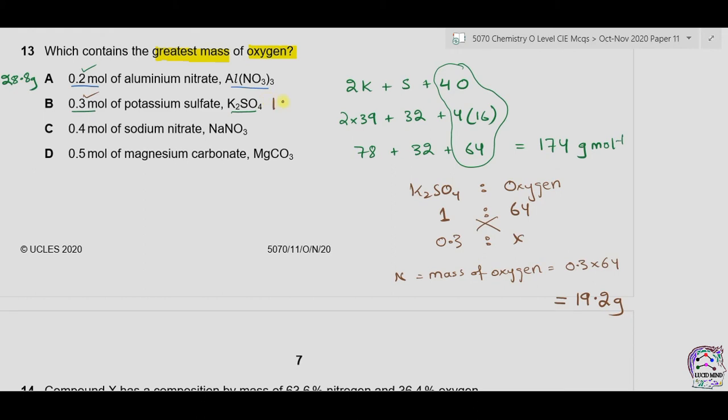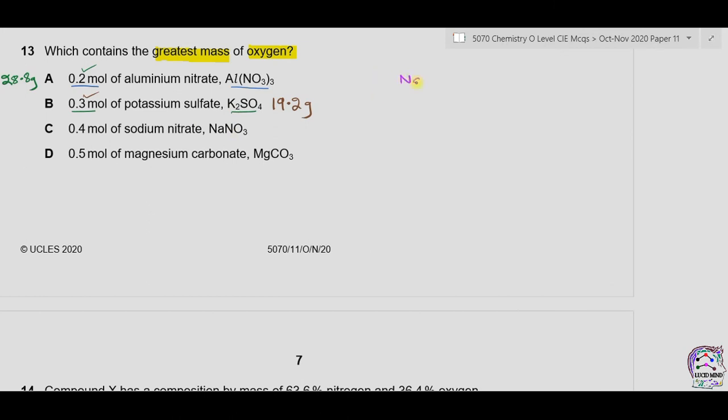So in B we have 19.2 grams. Similarly for C, we have sodium nitrate, which consists of 1 sodium atom, 1 nitrogen atom and 3 oxygen atoms. The atomic mass of sodium is 23, for nitrogen it is 14 and for 1 oxygen it is 16.